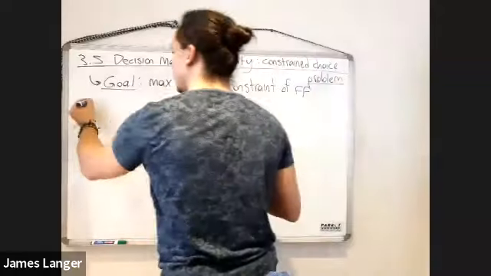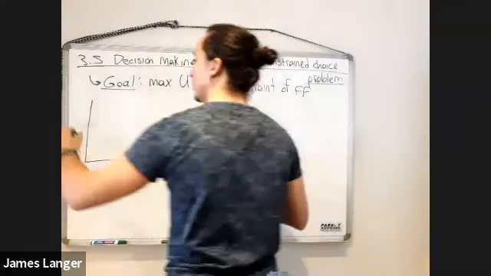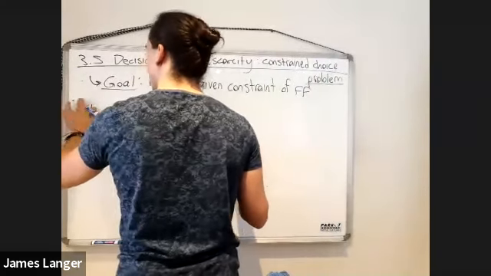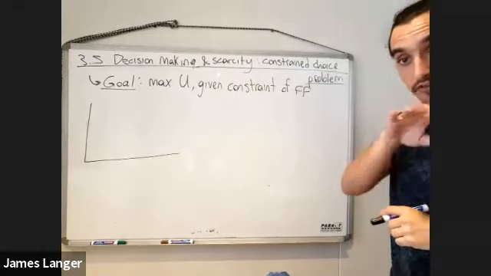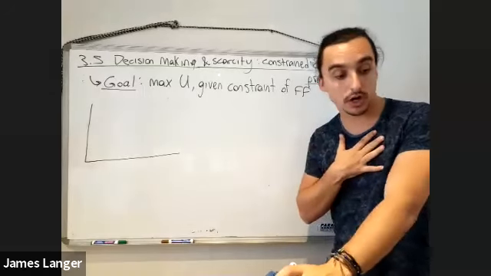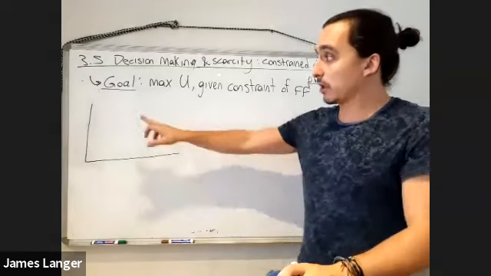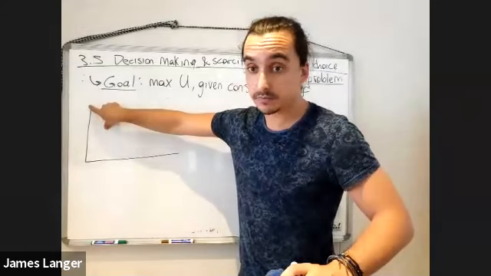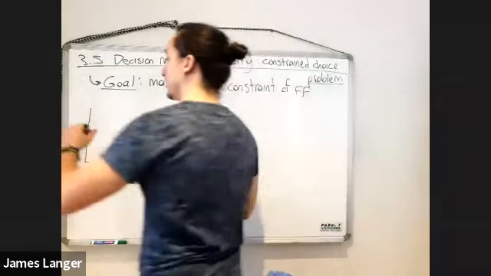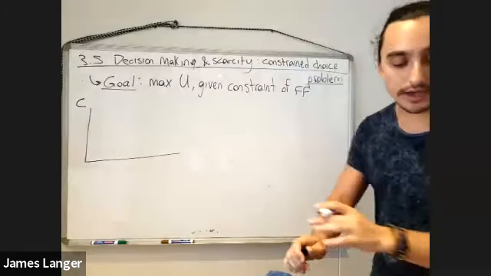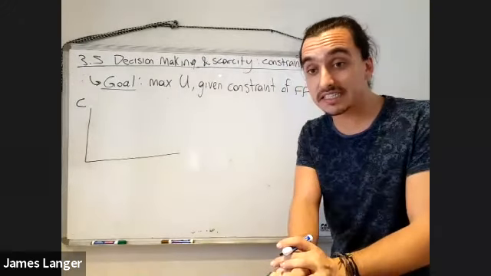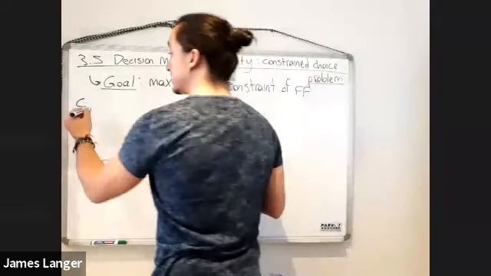So let's draw this. I'm now going to actually do something here, guys. So everyone watch me, please watch me. What I'm going to put on this axis now is going to be consumption. Okay? It's going to be consumption C, right?